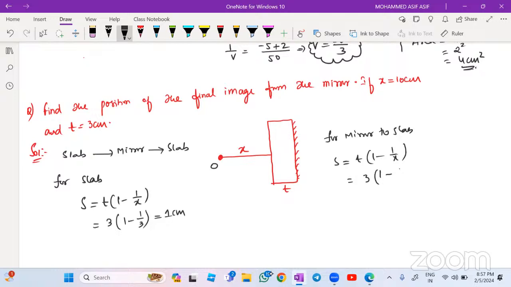Okay. This value will become how much for me? 2 by 3. So that will be equal to 1 centimeter. So total distance of the final image will be equal to 12 minus 1. So that will be equal to your 11 centimeters.